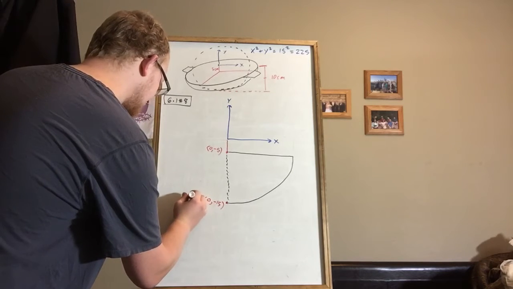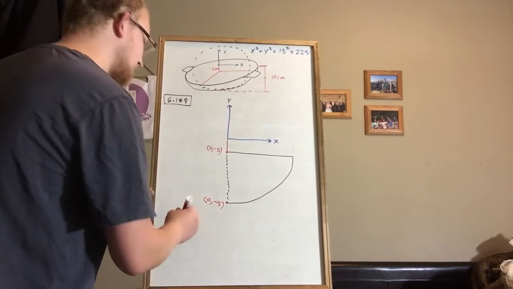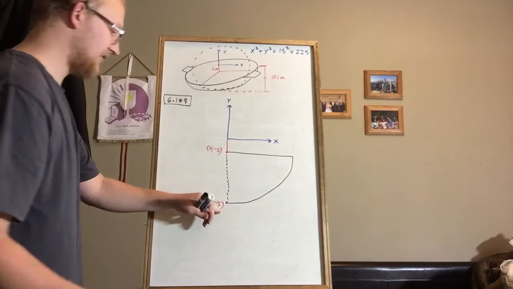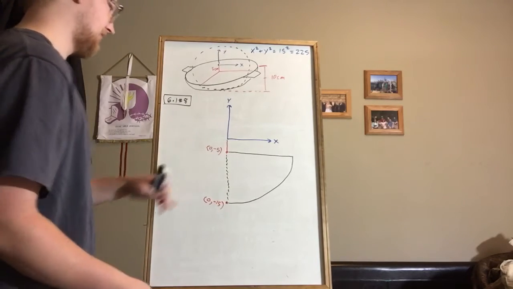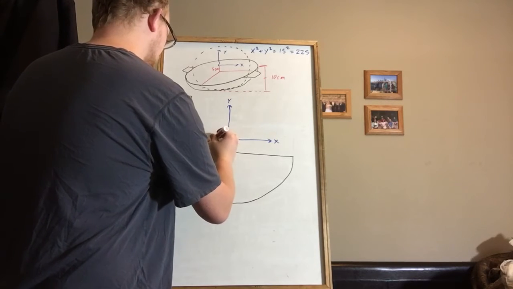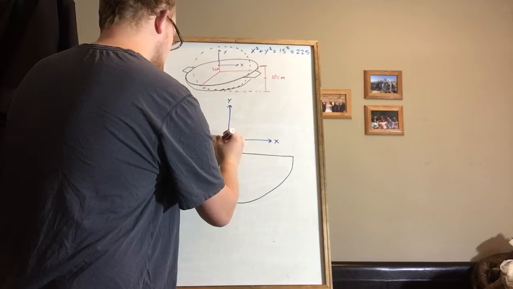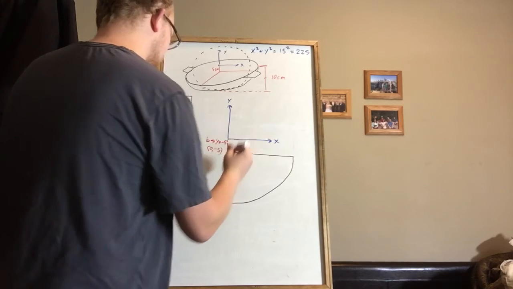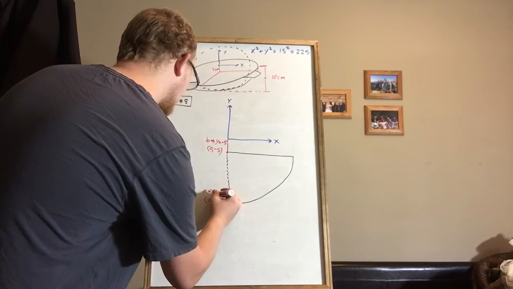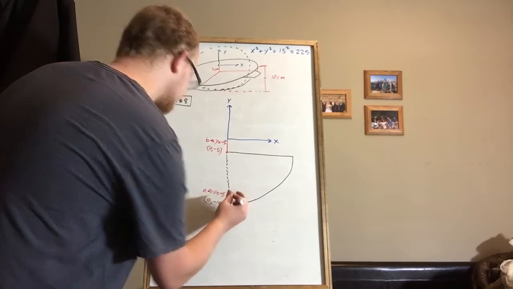We would be starting at negative 15 and go to negative 5. So b would be when y equals minus 5, and a would be when y equals minus 15.